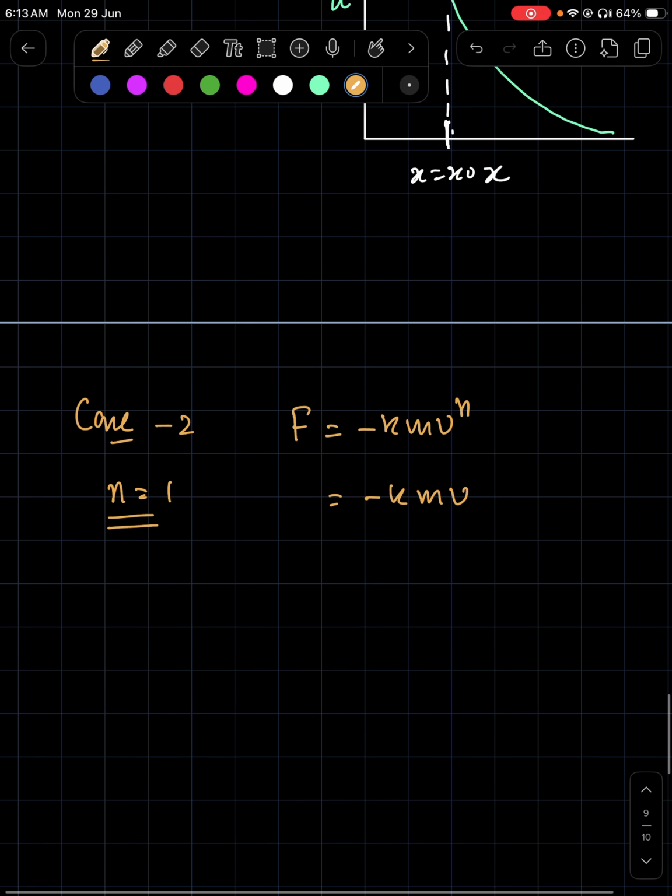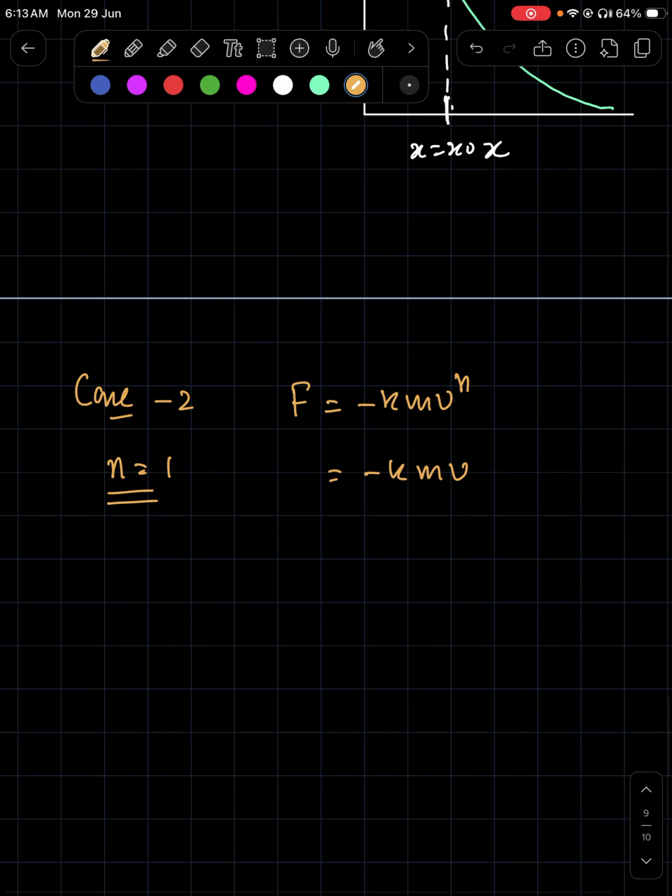This can be solved in a much simpler way. Can you recognize what m v is? m v is the momentum, right? The linear momentum of the particle at any instant of time. So I am writing that as simply k p, where p is equal to m v, right?